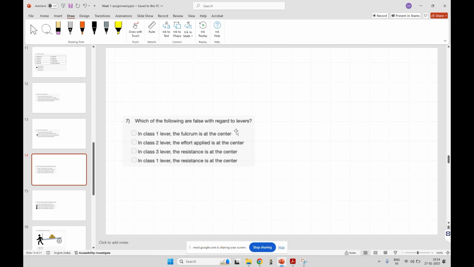In a class 3 lever, the resistance is not at the center, it's towards one of the ends, and the fulcrum is towards the other end. In a class 1 lever, the resistance is at center, which is not true, the fulcrum is. So these are the answers.